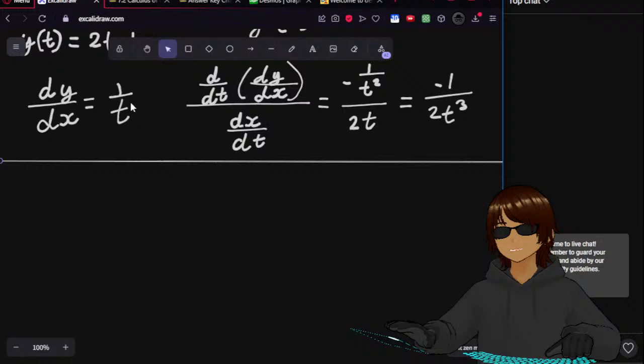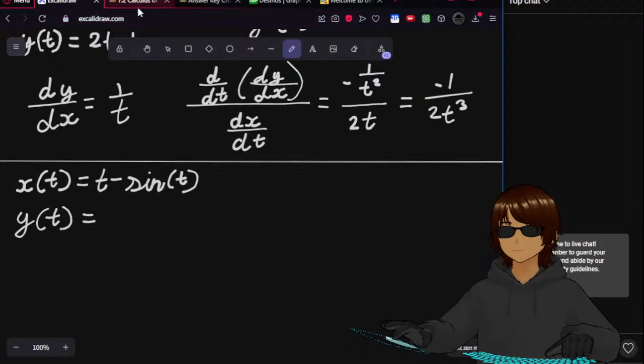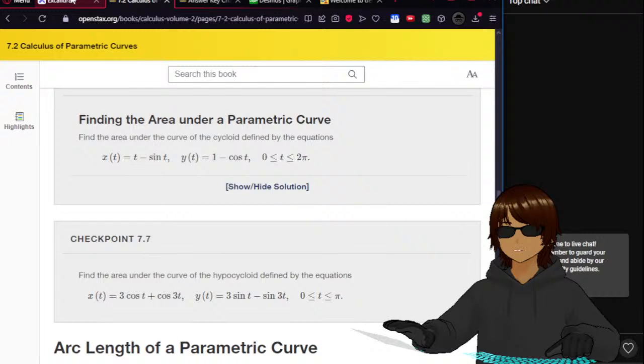x(t) is t minus sine t. And then y(t) is 1 minus cos t.